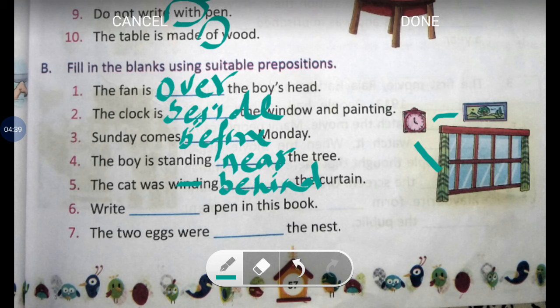Sixth one, write dash a pen in this book. Write with a pen. Okay, with a pen in this book.